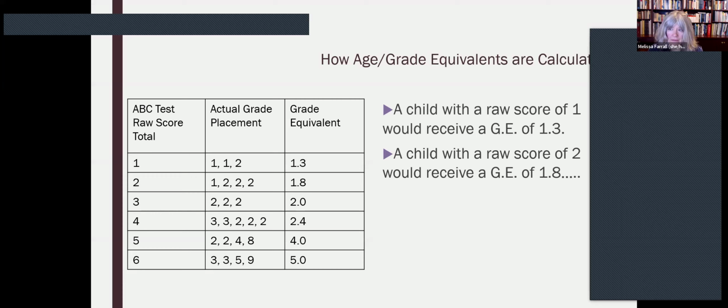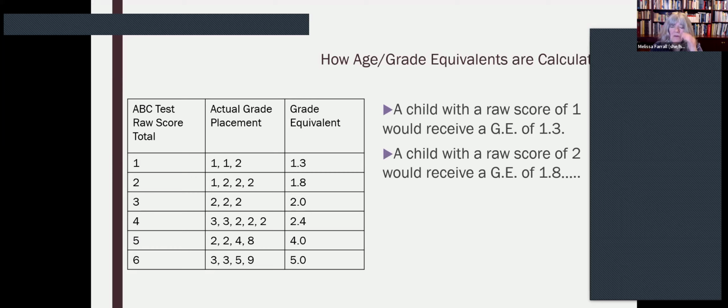And some will even go so far as to tell you you just shouldn't use them because they don't mean what people think they mean. I think the reason the test publishers continue to produce them is because there's a huge section of the population out there that thinks they're helpful and useful and likes to share them with parents. So I think it's more of a marketing thing and trying to be all things to all people when we really should just do the right thing.